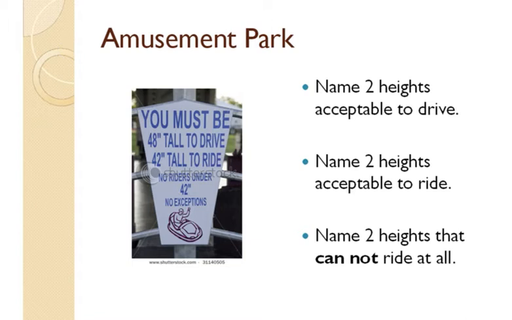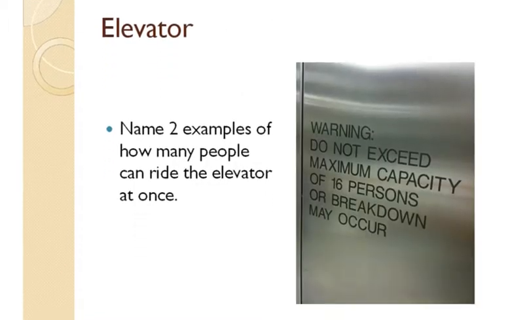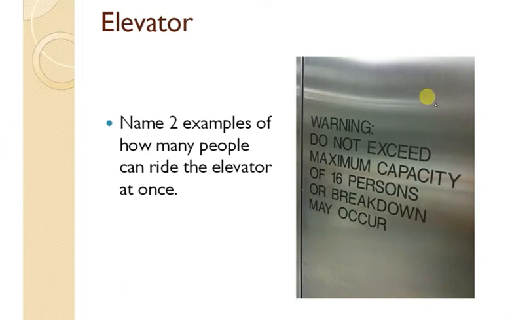There are also some situations where you may have a maximum. So for example, in an elevator, you often will see a sign saying, do not exceed maximum capacity. And that means that you can have no more than 16 people. Sometimes it has a specific weight limit on it.